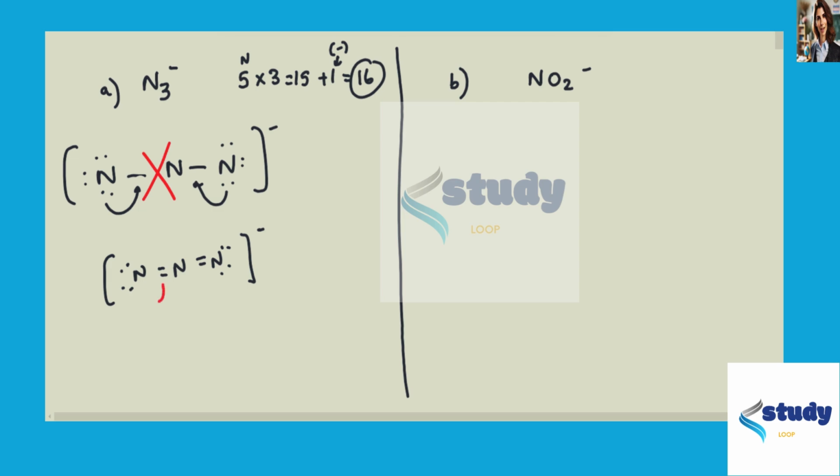So we'll do that, and that will give us this structure. The electrons from the double bond are now a lone pair, back to a single bond, and then we have a triple bond here, and we're left with one lone pair here. So that's definitely another important form as well.